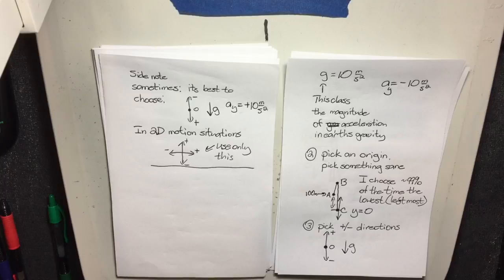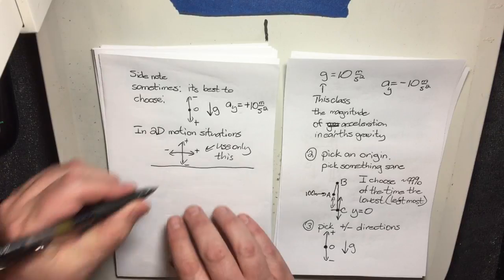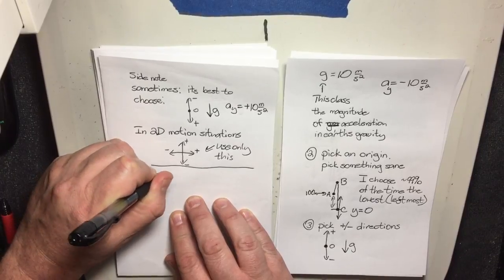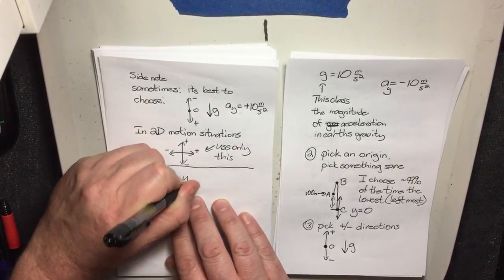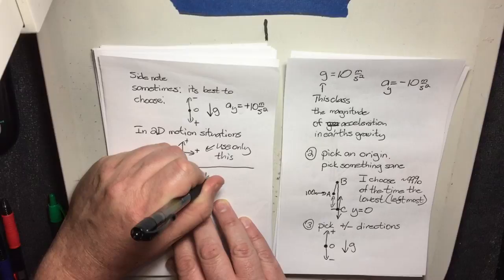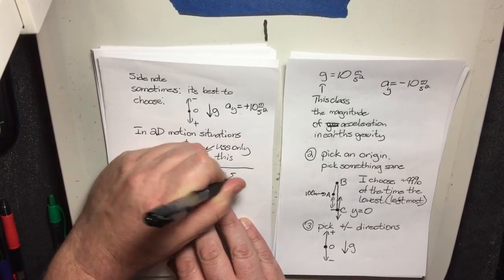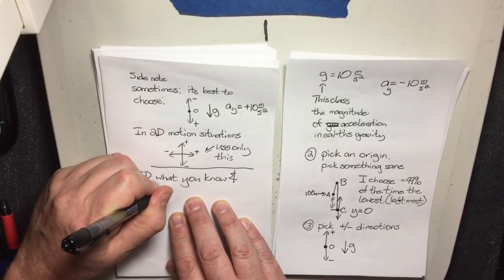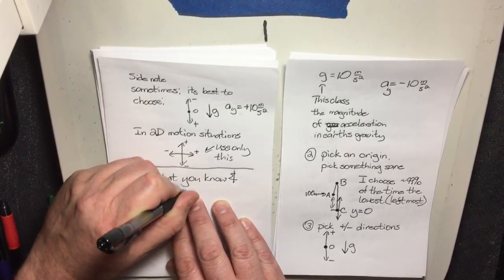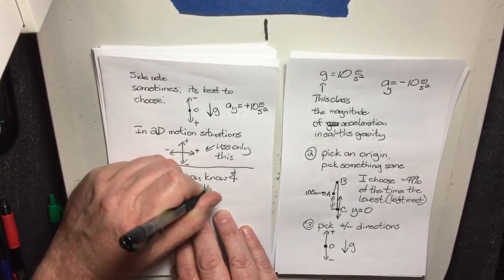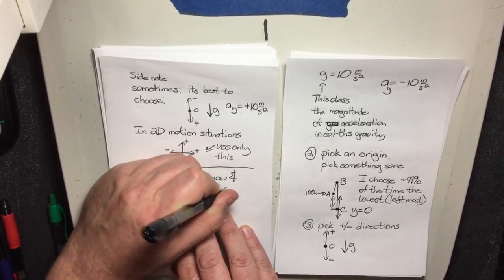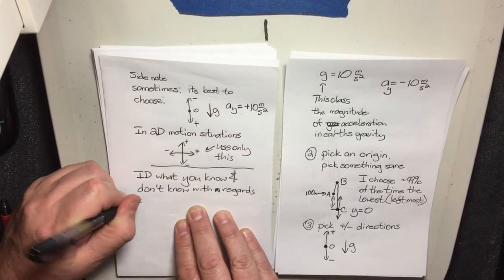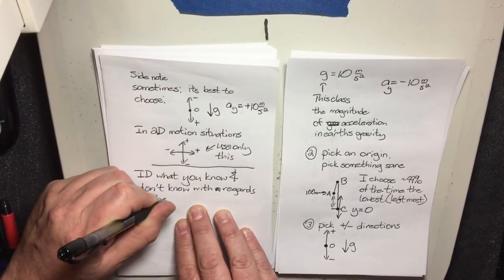We've picked our positive and negative directions. Identify what you know and don't know with regards to the problem.